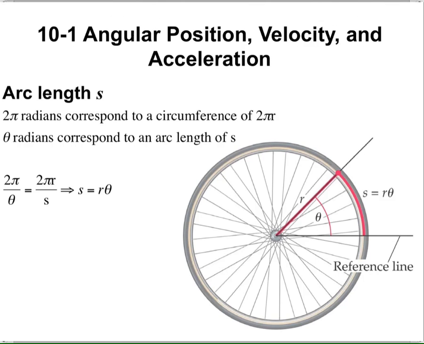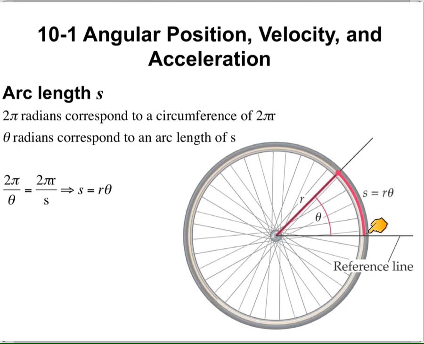All right, so there is also this relation between the linear displacement and the angular displacement. When the point goes from here to here, if it is theta degrees or theta radians, whatever, that is the angular position.